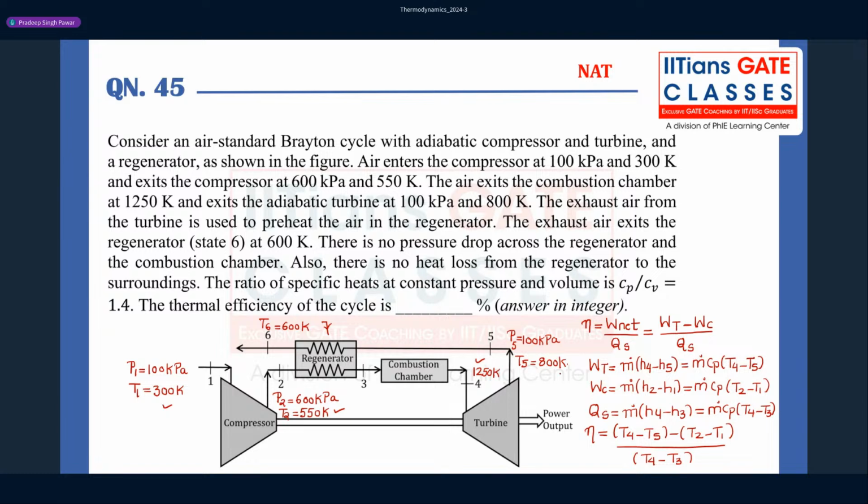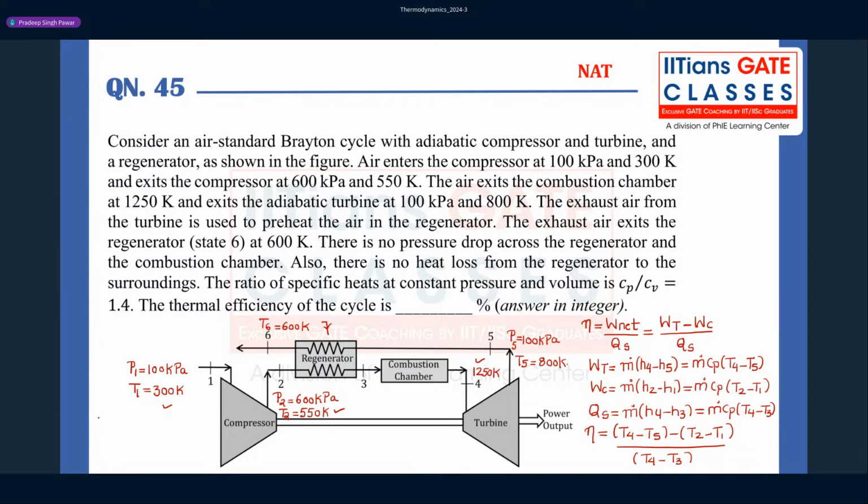So we are utilizing this high temperature exhaust of the turbine to heat the air coming out of the compressor. If you apply the steady flow energy equation, the heat given by the exhaust air which is going out is equal to the heat taken up by the air coming from the compressor.